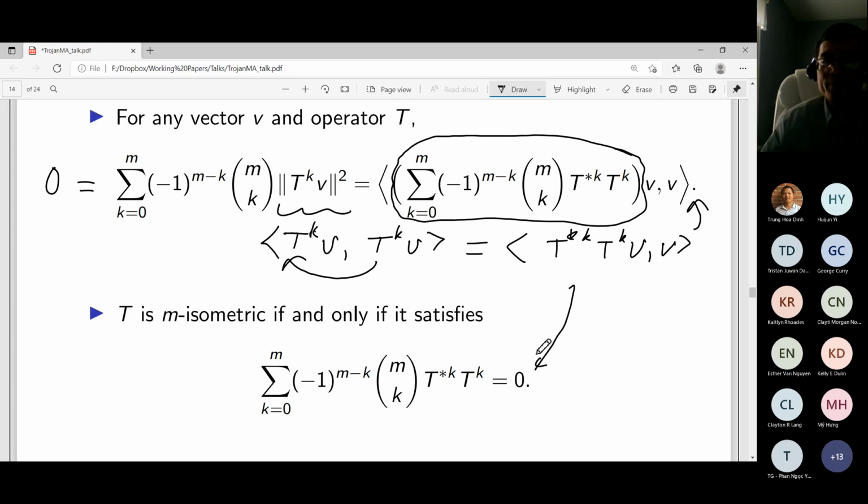And this is the operator equation for m-isometries. Instead of talking about the equation with v for all vectors v, we just have a single operator equation for T to satisfy. So we're going to make use of this operator equation instead.